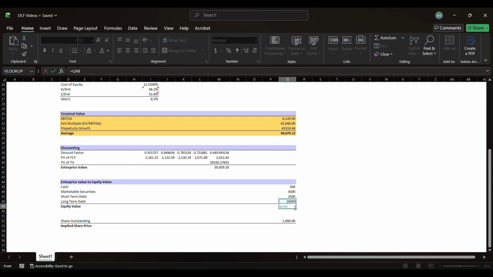So let's do this. This plus cash plus marketable securities minus short-term and long-term debt. So we get 25,339.20.